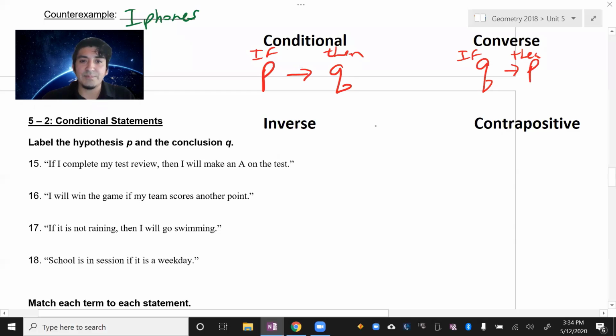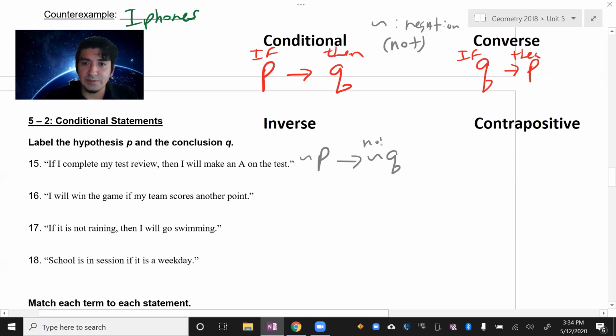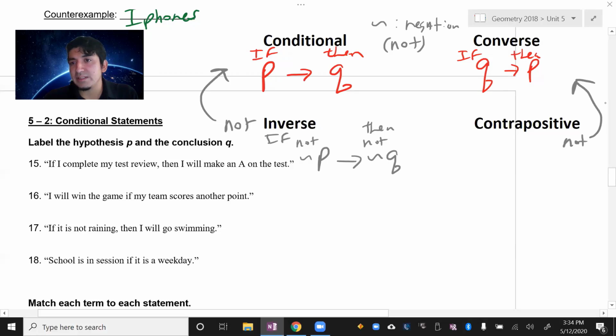Use a different color. This is gray. So my inverse is that I'm taking the negation. So I'm going to negate. This part represents negation, which becomes a not. So not P, then not Q. So if not P, then not Q. Now my contrapositive is that I'm going to take the not of my converse.